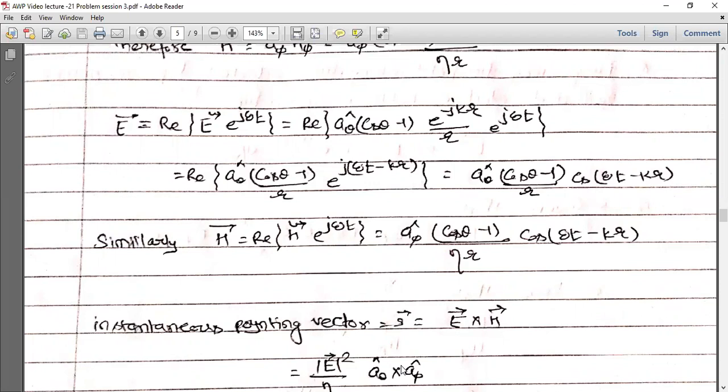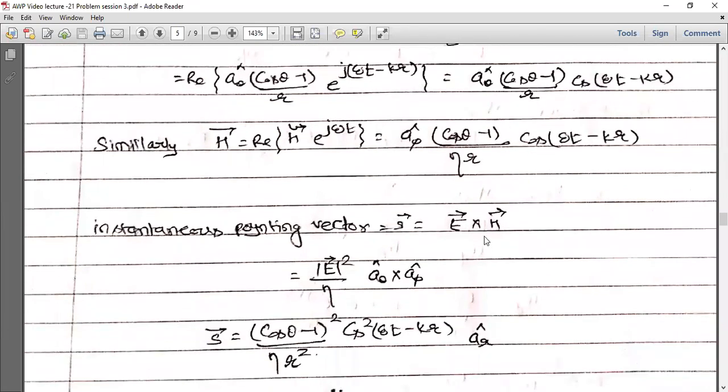So the instantaneous power density by the definition of Poynting vector is given by S equals E cross H. E has a theta component in the theta cap direction. H has a phi component only, and its magnitude is just the magnitude of E divided by eta.